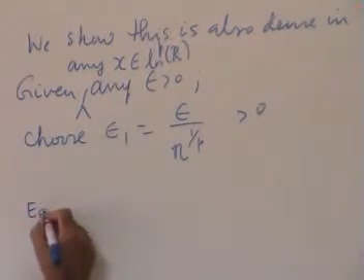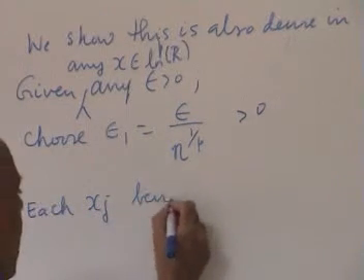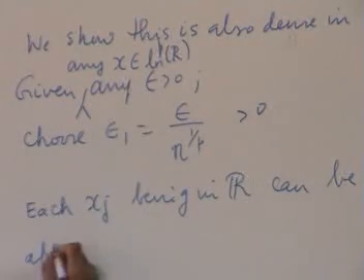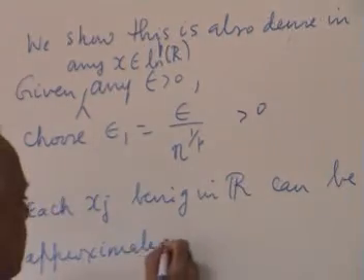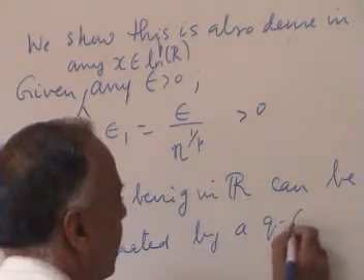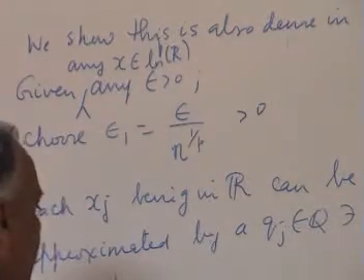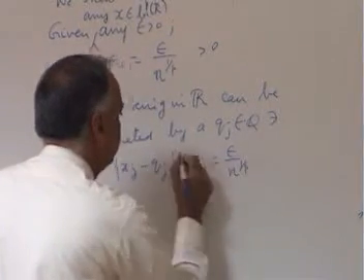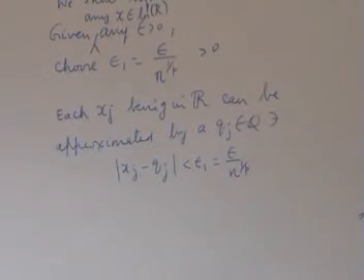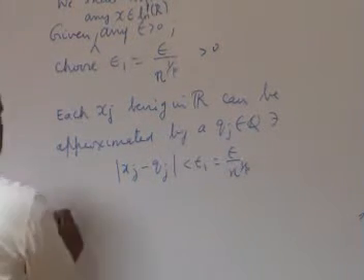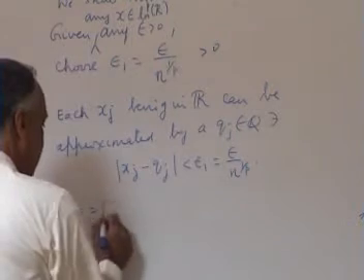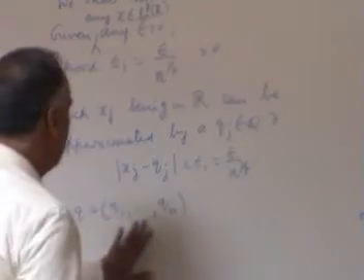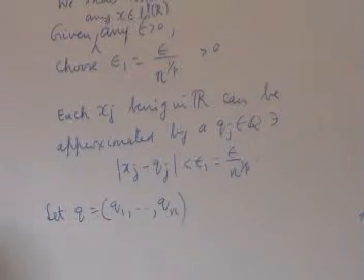So each xj being in R can be approximated by a qj in Q such that absolute value of xj minus qj is less than epsilon 1, which is epsilon by n to the power of 1 over p. Therefore, let q be the vector q1, q2, ..., qn. Where does this belong? Because it has all rational components, it belongs to omega q.